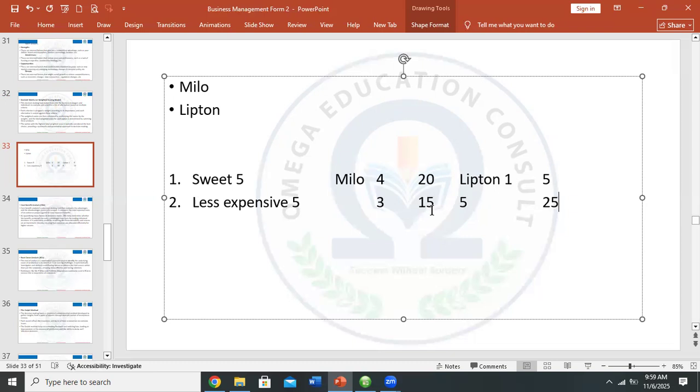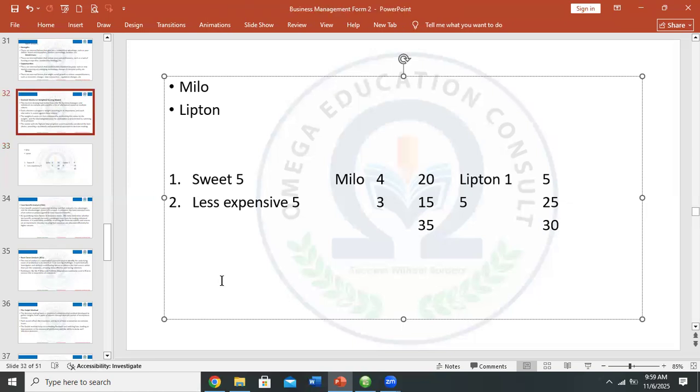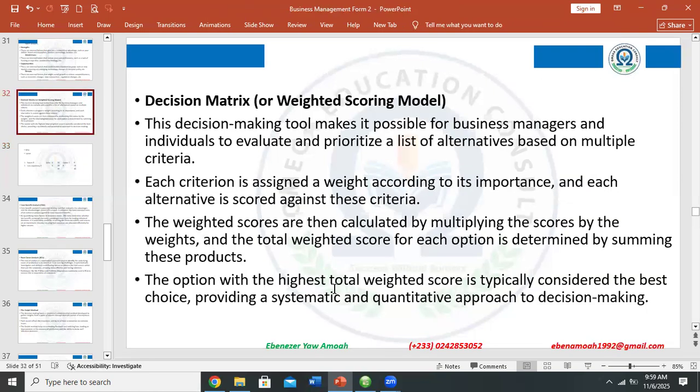After doing the multiplication, you now sum them up. So for Milo, we would have 20 plus 15, that's 35. And for Leptin, we have 30. Now, what does the tool say? It says that the option with the highest total weighted score is typically considered the best choice.